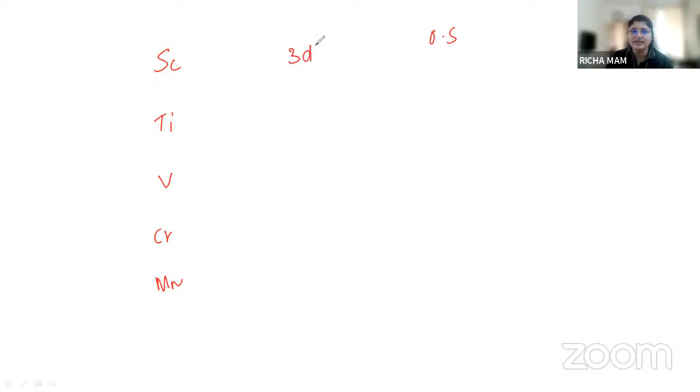Scandium we saw as 3d1 4s2, then 3d2 4s2, then 3d3 4s2, 3d5 4s1, then 3d5 4s2.